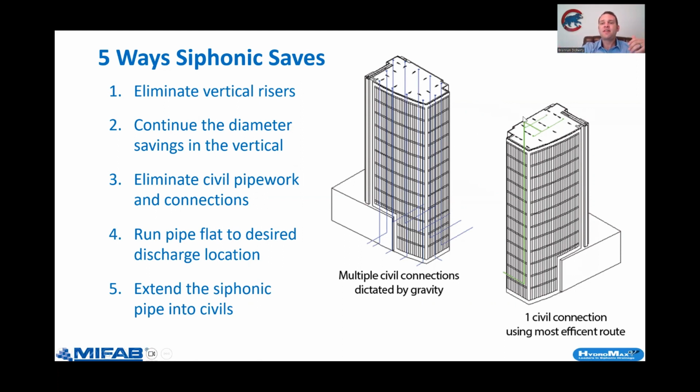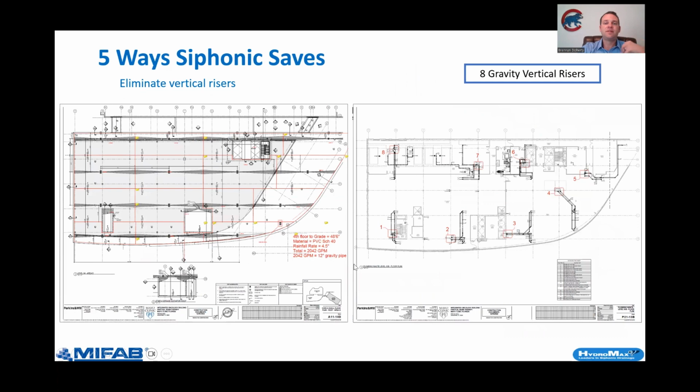With siphonic, the intent is we grab everything up at this top roof level, route it to our ideal vertical, and then make that civil connection rather than needing to come all the way around the building to get that done. But at its most basic level, this design right here has 8 different vertical shafts for gravity storm.